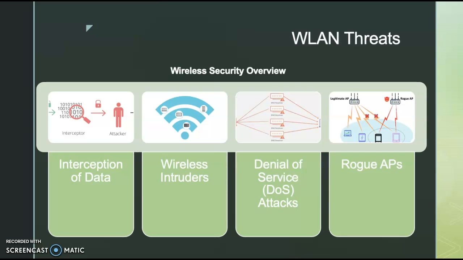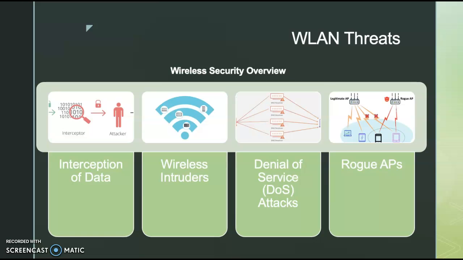Next, we have WLAN threats. Just as we have the management part of this, we also need to consider the threats and the security of the wireless connections. To break it down into the wireless security overview, there are 4 different sections: interception of data, wireless intruders, denial of service attacks, and rogue APs.